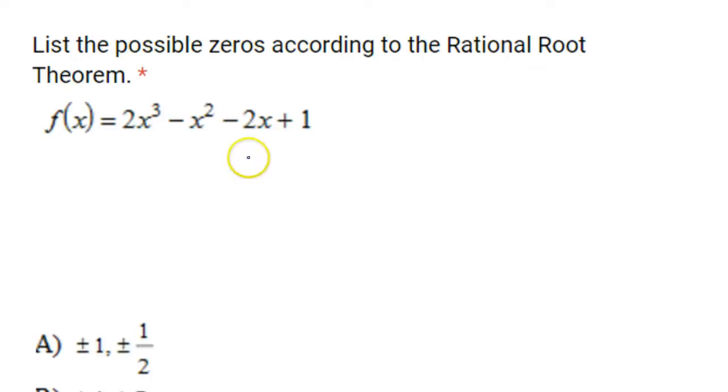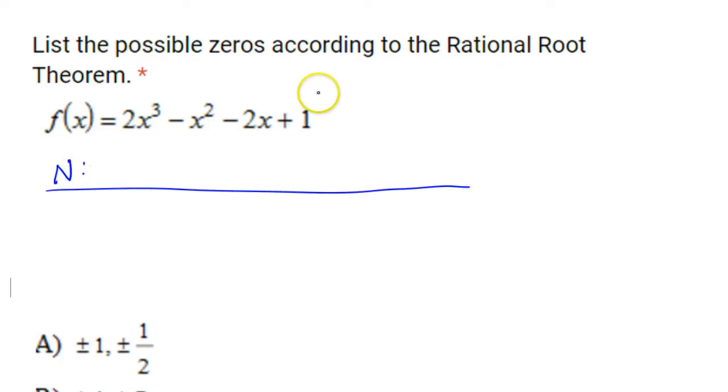In this video, we will find the possible zeros according to the rational root theorem for this function. Now, according to the rational root theorem, all of the possible rational zeros, well, the numerators, I'm just going to use n for numerator, are always going to come from the constant term.